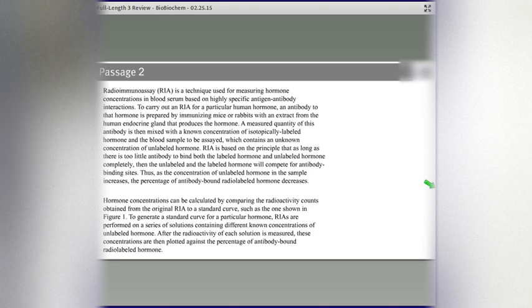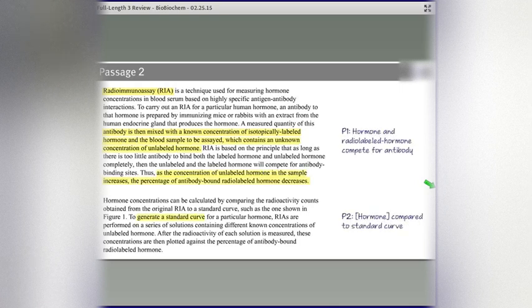Large amount of unlabeled, little bit of the labeled is going to bind. Roll that around in your head as the main idea we're dealing with here. I'm glad we're all on the same page. That's going to be the main point that you get from this particular passage, because you have to make sure that you clearly understand what's going on.